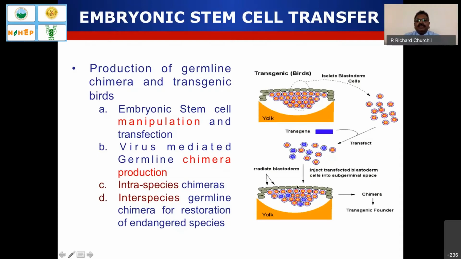And this embryo will develop into a chimera again, because it contains both the transgenic cells and its own cells. So both types of cells, tissues will be there in the hatched out chick. That's why we call it a chimera. So it can be used as a founder, and then by breeding, a transgenic animal from this chimera.